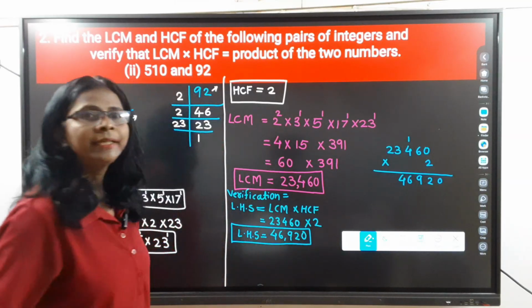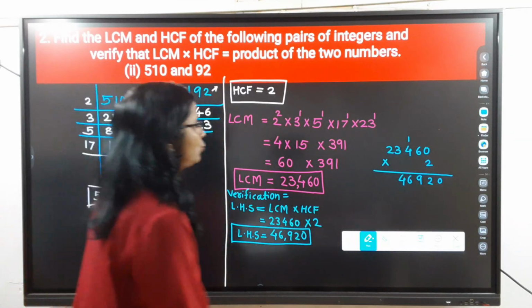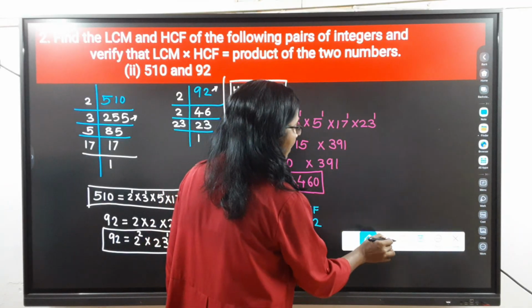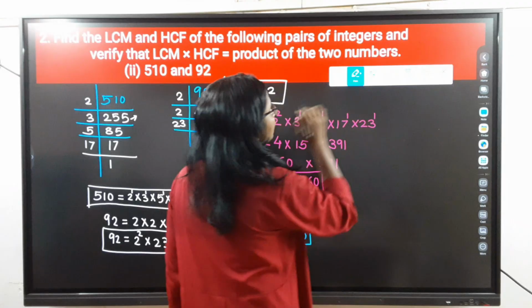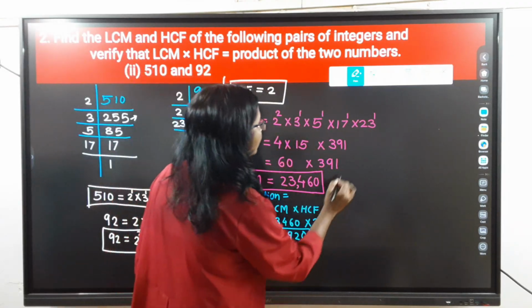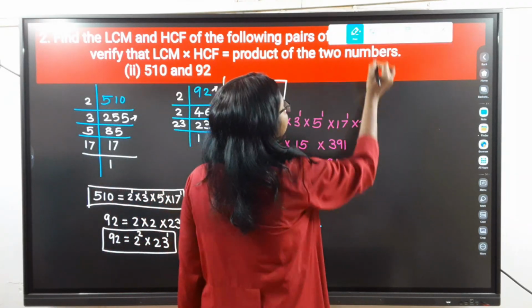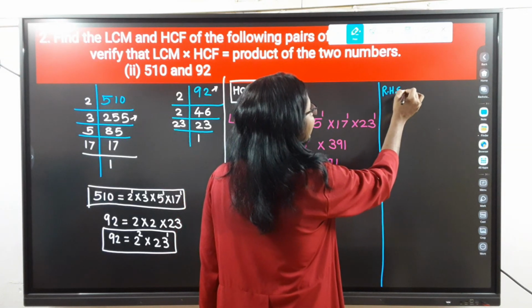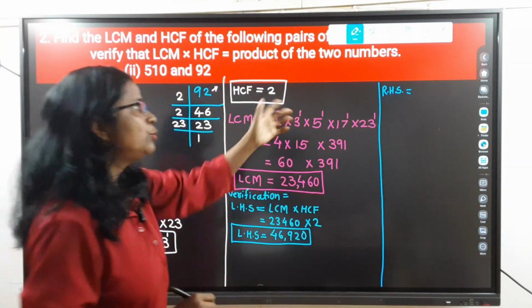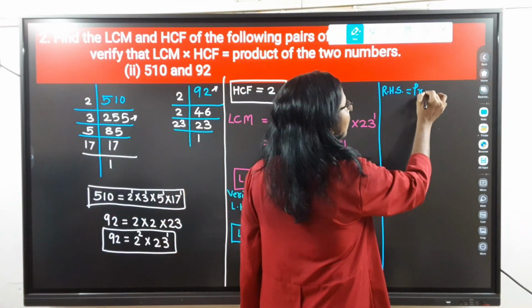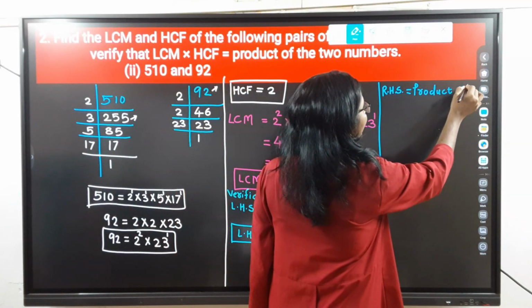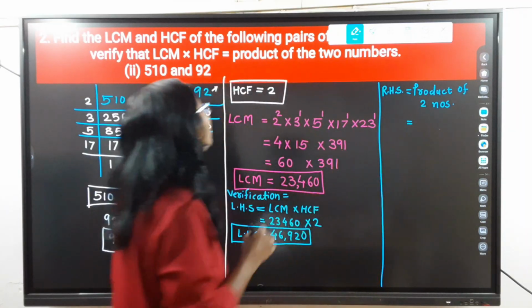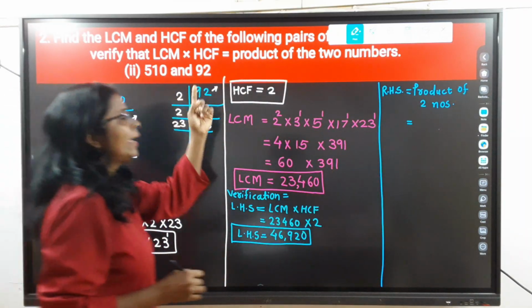Now the turn is for the RHS. RHS is the product of two numbers. Which are the two numbers, students? 510 and 92.